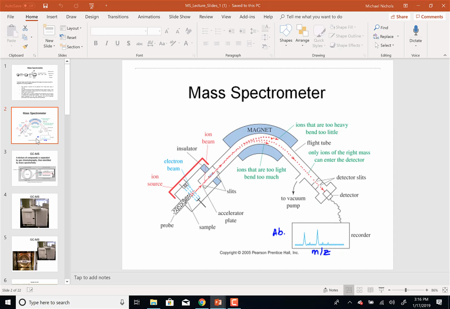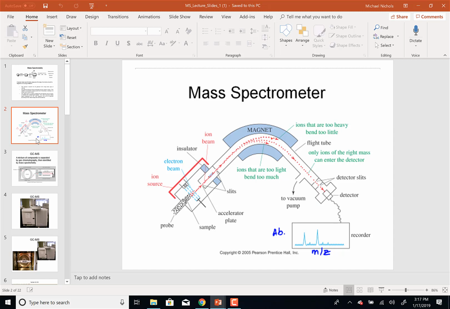And more importantly, anything with a charge that's moving can be deflected by a magnetic field. And so we build in this like right angle tube so that depending on the magnetic field we have, we can bend the molecules that have exactly the right mass to charge ratio, because they'll have a certain magnetic field. If they match, we can get it to bend around this tube and then come down and be detected.